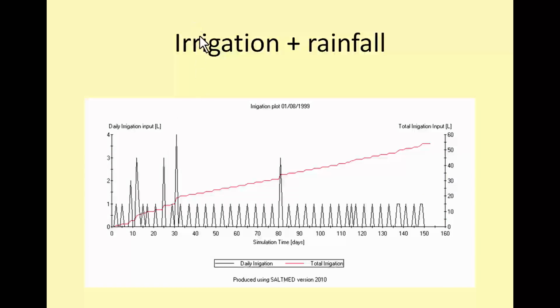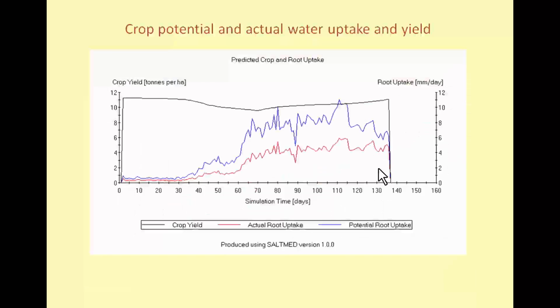Also, the model can show you the irrigation and rainfall input to the model during the model run. So you can see exactly how much water actually is used by the model during the run. And also the model calculates the relative yield, and the relative yield can reflect the difference between the potential uptake and actual uptake.